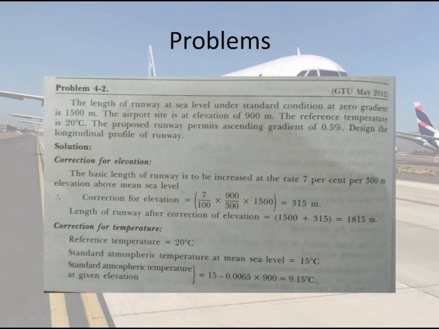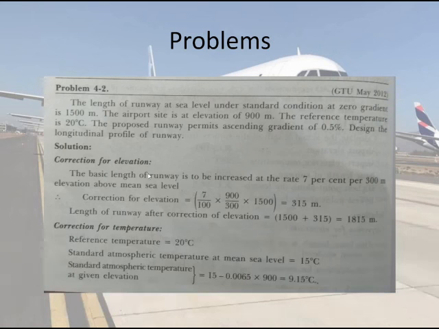Correction for elevation. The basic length of runway is to be increased at a rate of 7% per 300 meter elevation above mean sea level. If you understand the theory part explained in the previous slide, it is very easy.